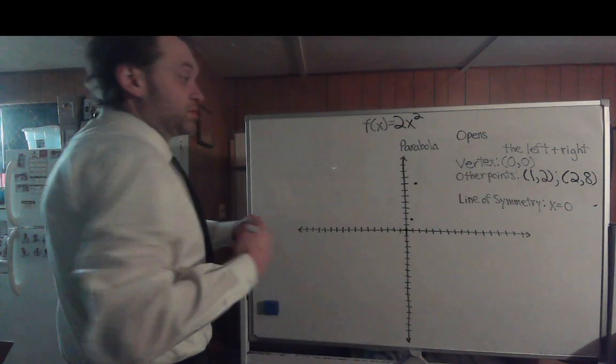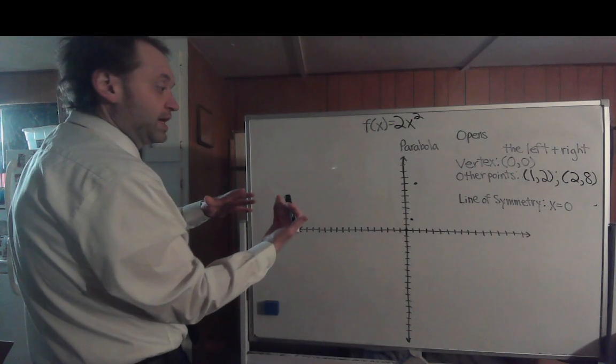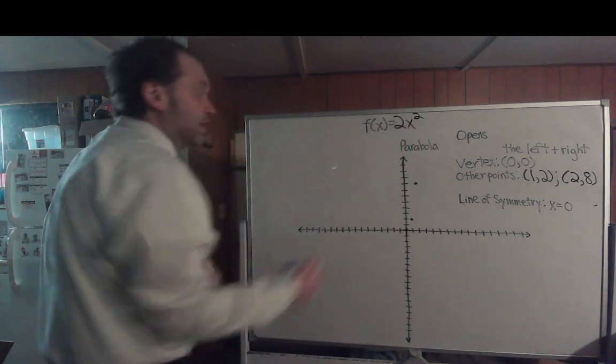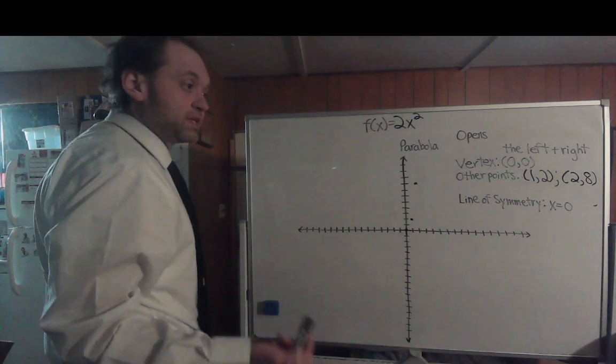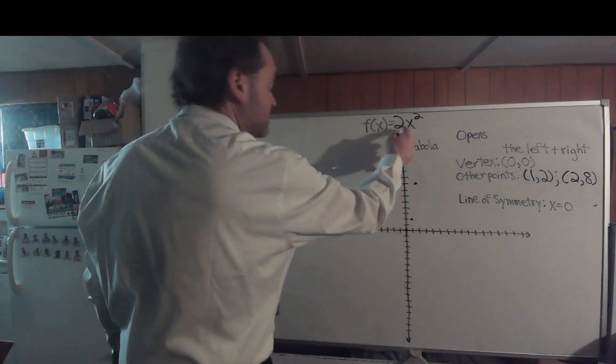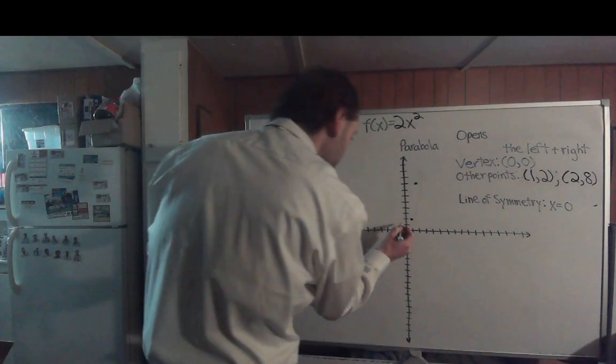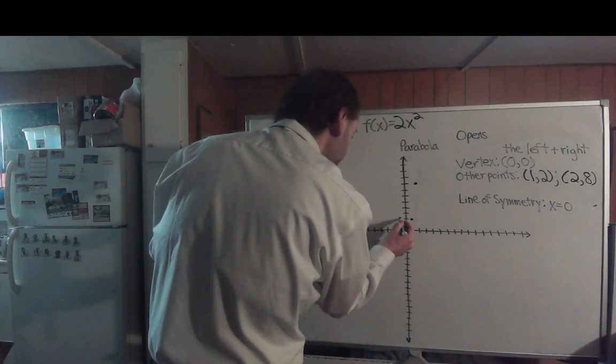Now, let's go to the left of the line of symmetry. If I put in -1 for x, well, -1 to the second is still positive 1, but take that times 2, you'll end up getting positive 2.